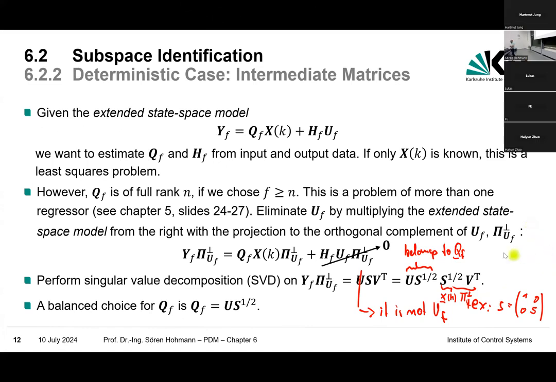Where is the subspace of states we are just interested in? Well, in this super matrix, if you look at the singular values, some of the entries on the diagonal are 0 or almost 0, close to 0. So by singular value decomposition, you can see QF, you can see the number of states.